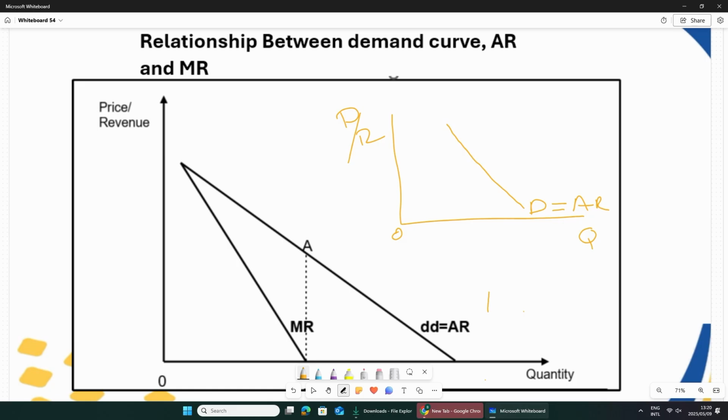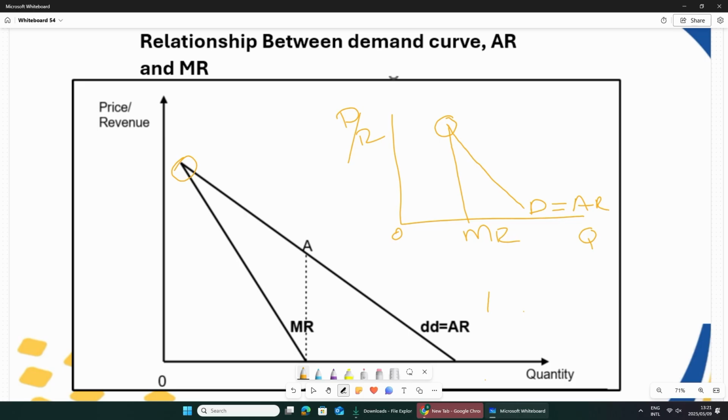Now, the marginal revenue is not the same as the average revenue, but it lies below the average revenue or the demand curve. Another important thing is to make sure that the marginal revenue starts at the same point. They always start at the same point, the marginal revenue and the average revenue.